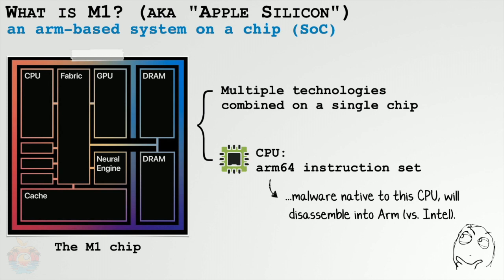In the context of this talk, the most important factor is that binaries, including malware, compiled to run natively on the M1 CPU will disassemble into the ARM instruction set versus perhaps the more familiar Intel instruction set.